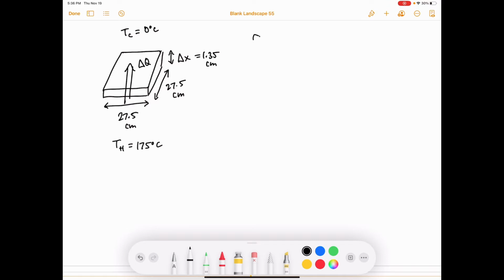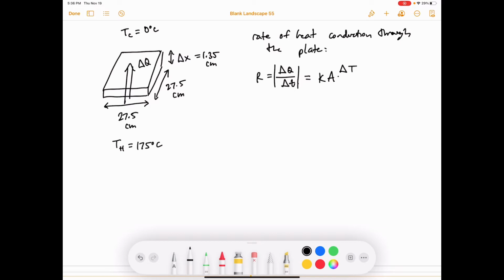So the rate of heat conduction through the plate is given by delta Q over delta T. That's the rate of heat conduction, and we'll just call that R for now. And let's just concentrate on the absolute value here, so don't worry about the negative sign. That's equal to K times A times delta T over delta X.